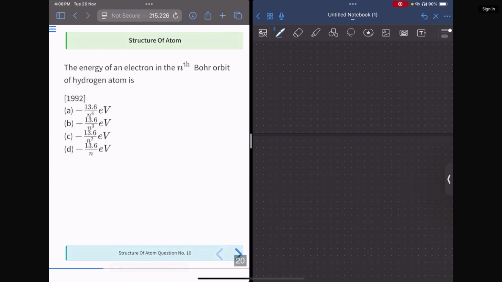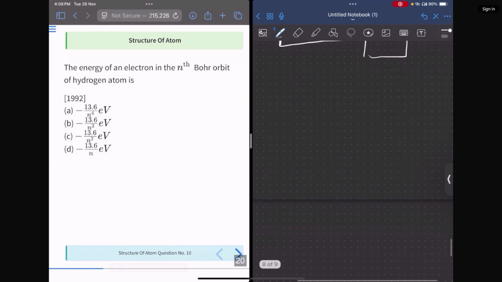The energy of an electron in the nth Bohr orbit of the hydrogen atom is also just a direct formula. Energy at the nth orbit is equal to minus E naught Z square divided by n square.